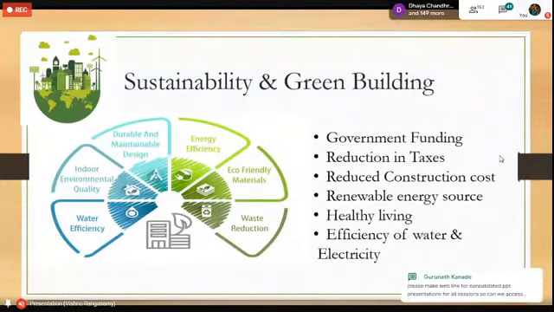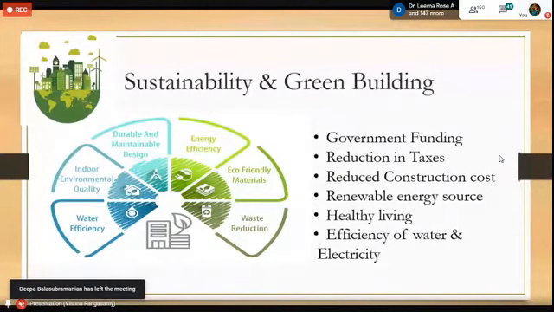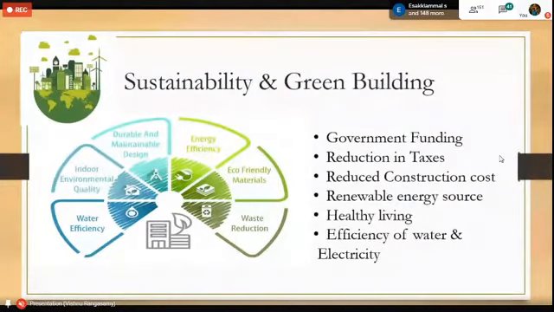It is also one of the modern practices that we come across in day-to-day life. Even the client wants us to build green buildings. As I told you before, the government also funds you, and it will also cut off some of the taxes that we are paying. So those two are the main parameters.